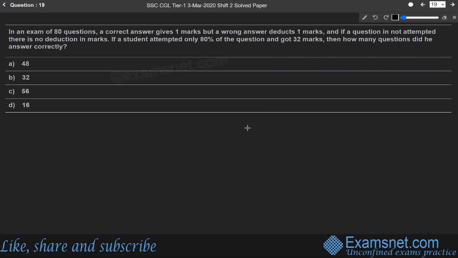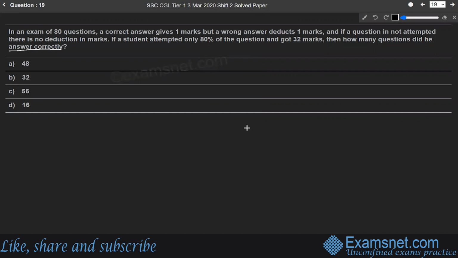Next question is, in an exam of 80 questions, a correct answer gives 1 mark, but a wrong answer deducts 1 mark. And if a question is not attempted, there is no deduction in marks. If a student attempted only 80% of the questions and got 32 marks, then how many questions did he answer correctly? So we have to find the number of questions that he answered correctly.